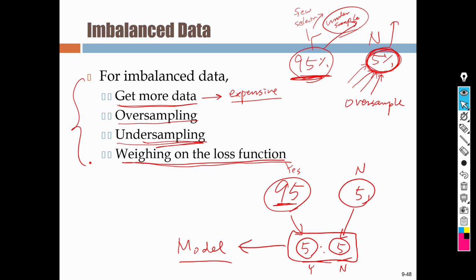So if you miss the yes, the penalty is pretty small, but when you miss the no, then you give a pretty high penalty. So you give a small penalty here, and a large penalty here.